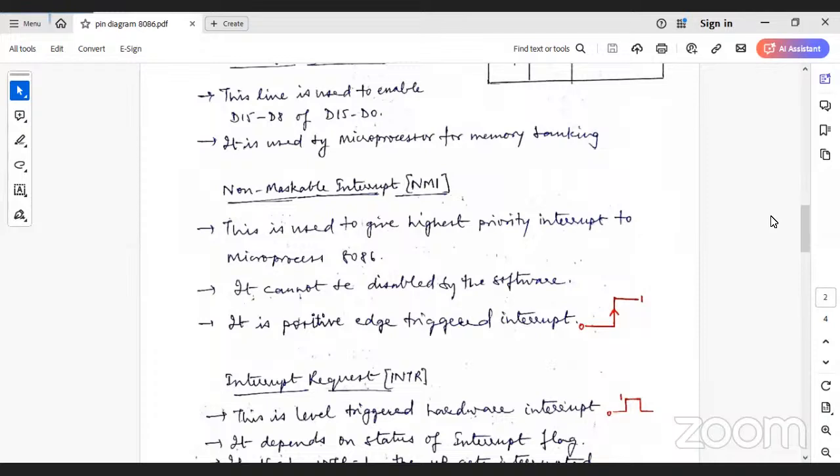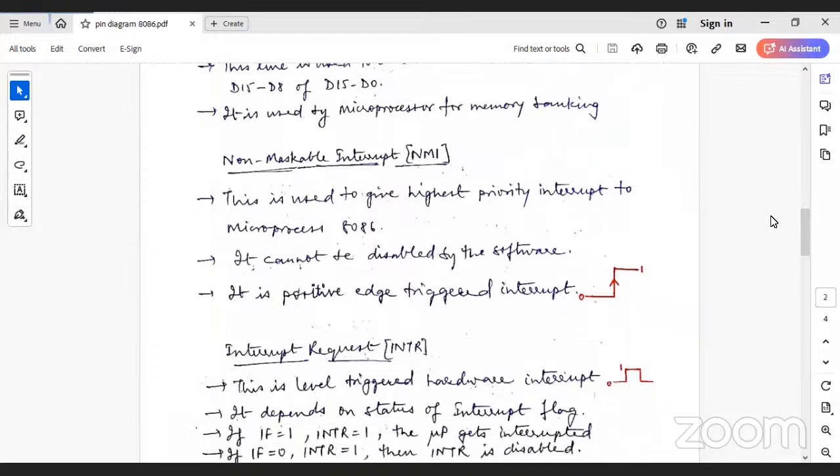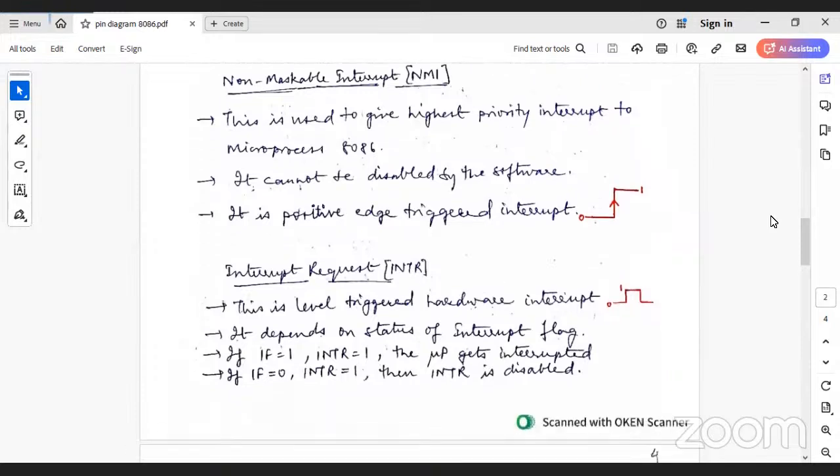It can be positive edge triggered or negative edge triggered, or it can be level triggered also. Here this non-maskable interrupt works with a positive edge trigger. So whenever the clock pulse goes from 0 to 1, that particular interrupt will be acknowledged. That means the processor will execute that particular command or the function which the interrupt signal is requesting.